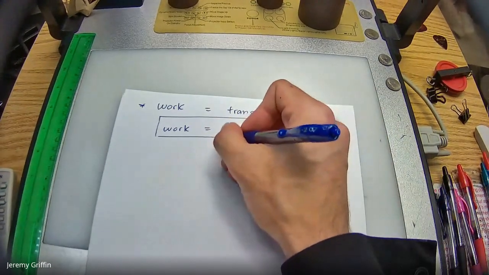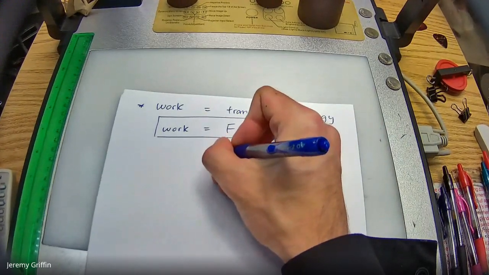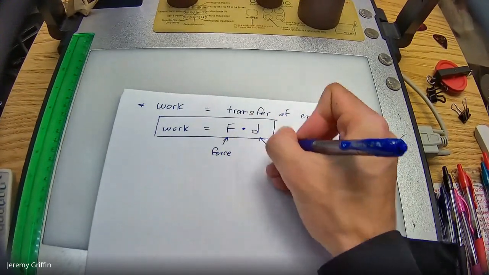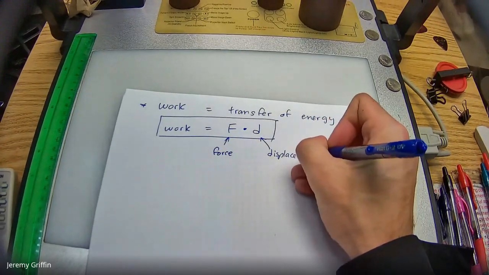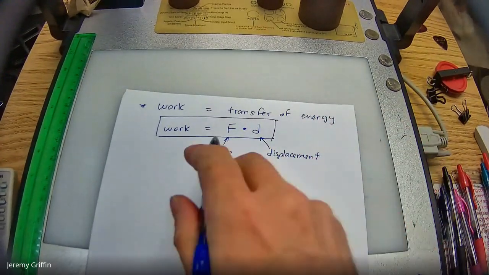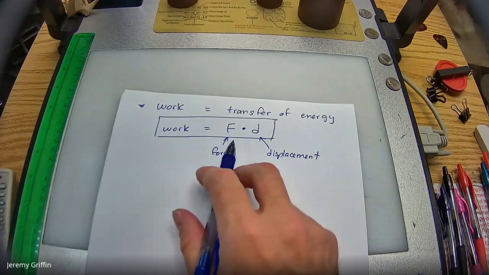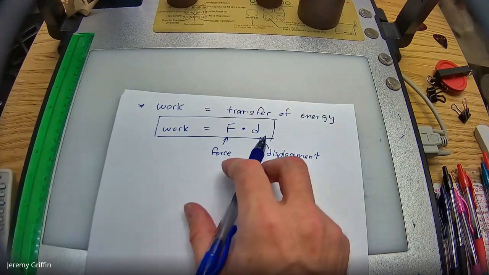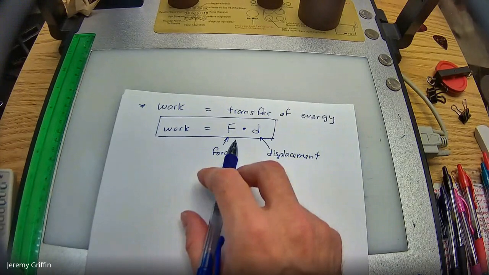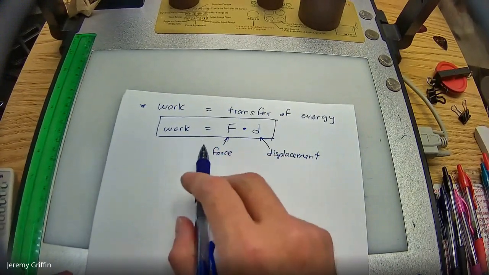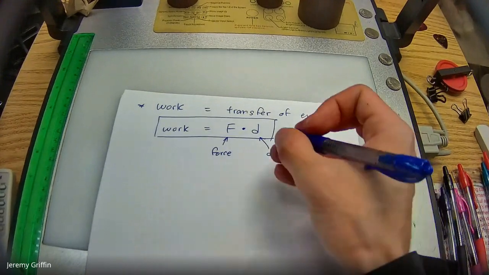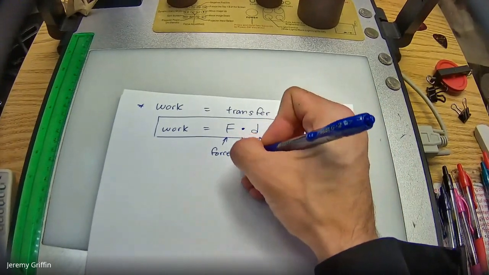F stands for force, D stands for, well, maybe I should say displacement. If you push or pull on something, and as a result you move it so far, then you've transferred some energy into it. How much energy? Force times distance. That's how much work you've done on it, how much energy you transferred. Now, what's the deal with this big old dot?